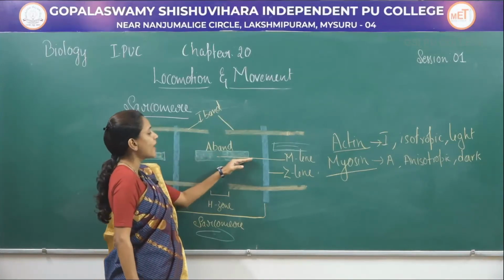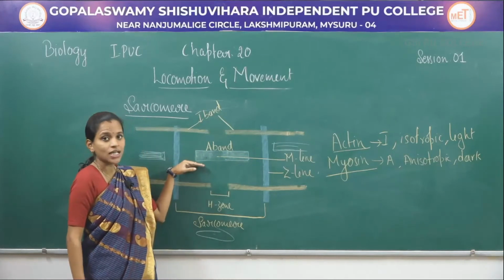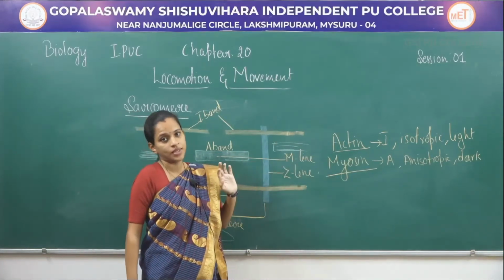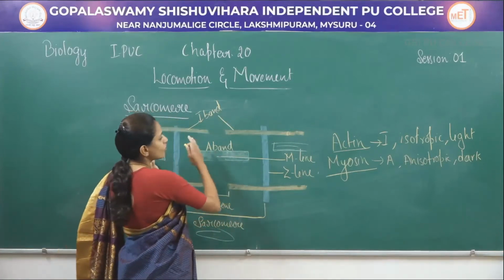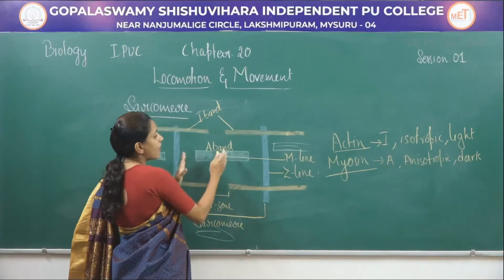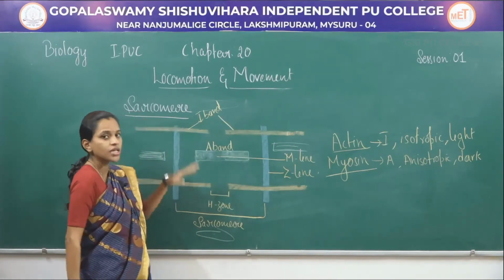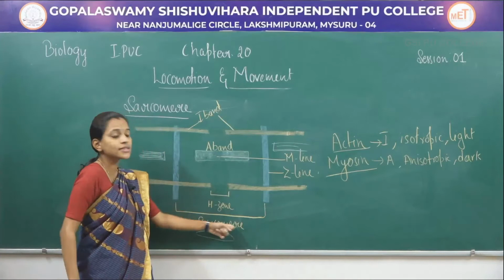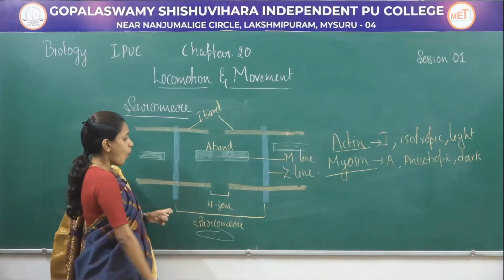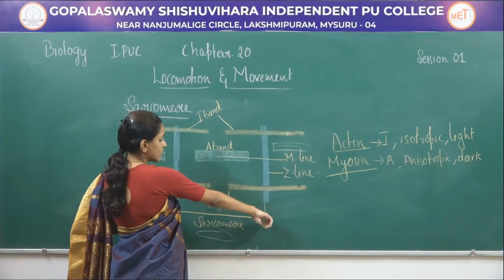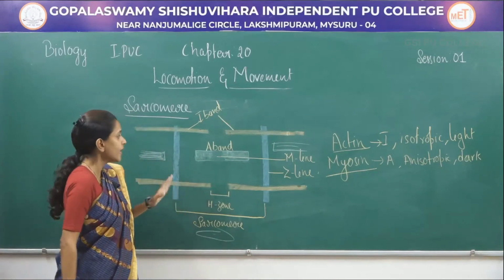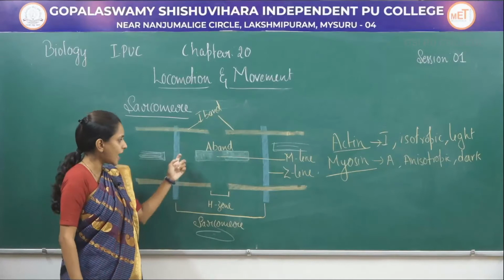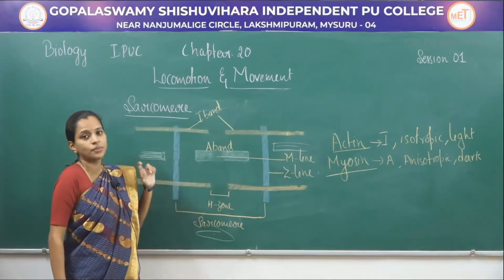This A band, which is darker in color, has a lighter region called M line. The arrangement of I band and A band is alternately present. The distance between two Z lines is called a sarcomere. What does the distance between two Z lines include? It includes half of the I band from each Z line and a complete A band.